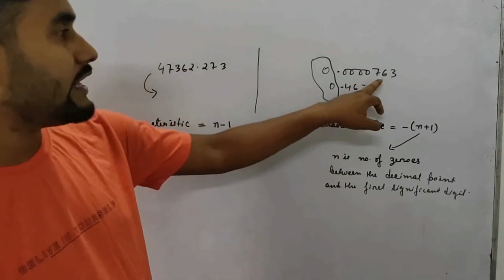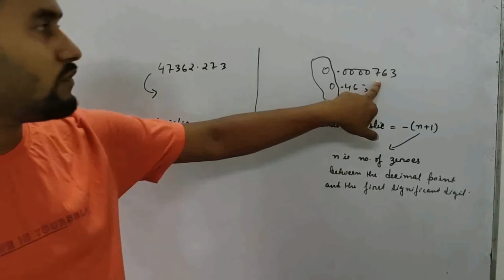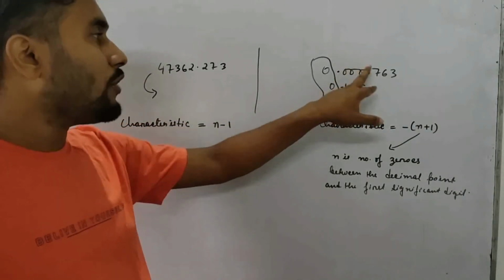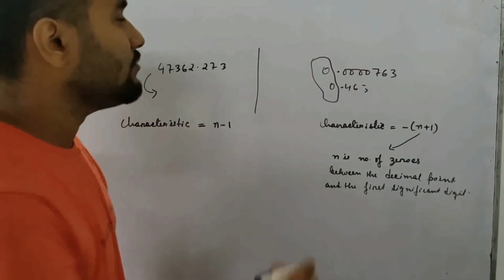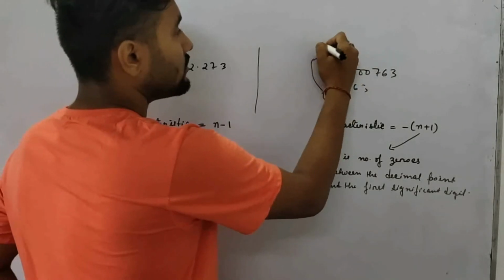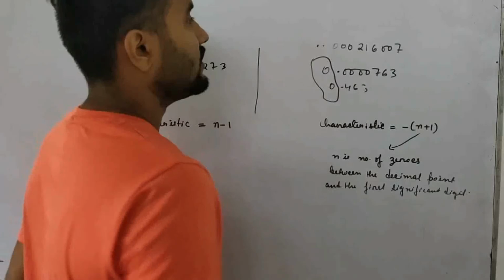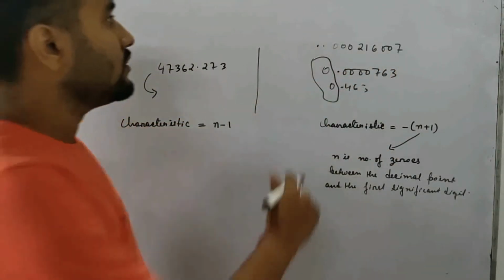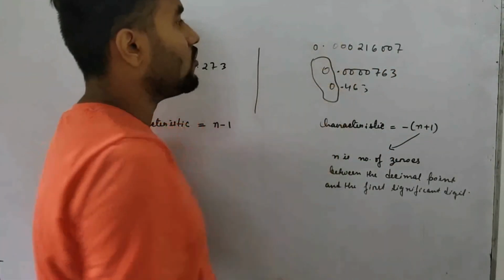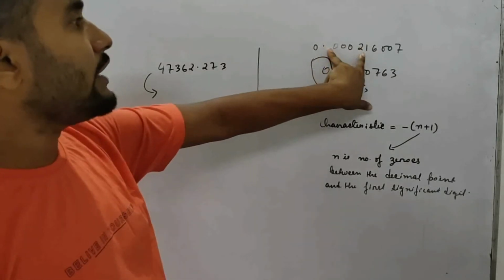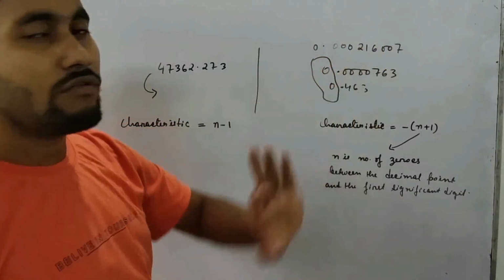So what is the first significant digit? 7 is the first significant digit over here. So between the decimal point and the first significant digit, say more numbers, 0.00216007. Not these zeros, okay? Not this zero. Between the decimal point and the first significant digit, this will be your value of n.